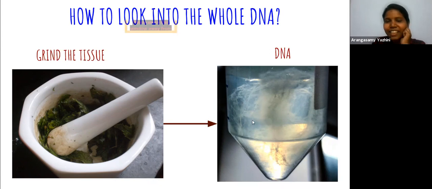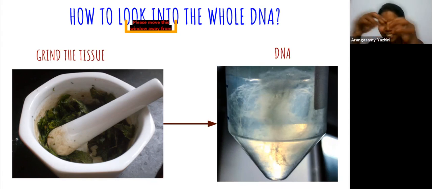So beautiful, isn't it? Now that you have the DNA in the test tube, do you think you can say something about it? All that you can say is that it is white, a very thin thread, and milky.